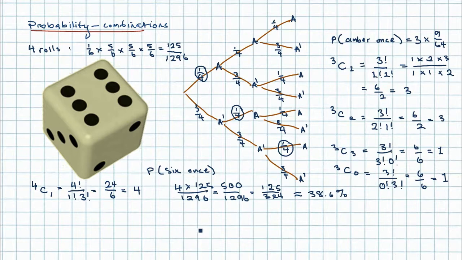So 38.6%, so fairly likely, just a bit more than a third of a chance that we will get a 6 if we roll the dice 4 times. And that's a useful result. Very often in a game, you want to know exactly how likely it is to do something like that. How likely is it that I'm going to roll a 6 if I'm allowed 4 rolls?